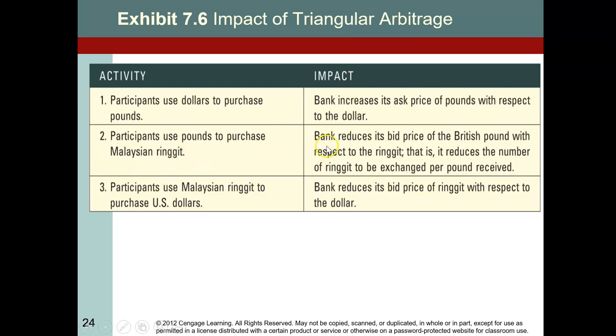Impact 2: the bank reduces its bid price for the British pound with respect to ringgit, that is, it reduces the number of ringgit to be exchanged per pound received. Activity 3: participants use the Malaysian ringgit to purchase US dollars. Impact 3: the bank reduces its bid price of ringgit with respect to the dollar.